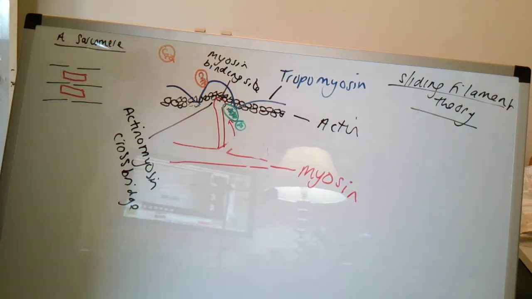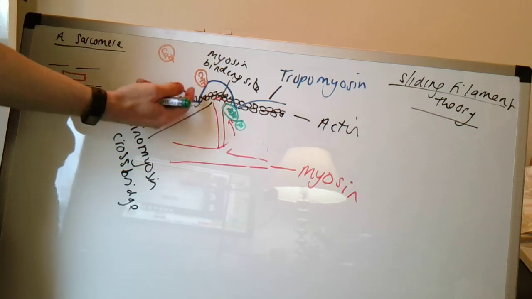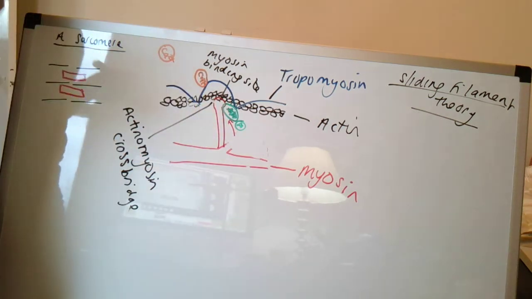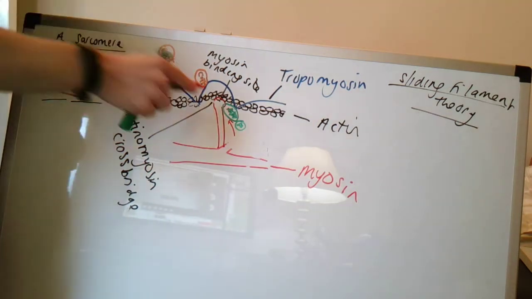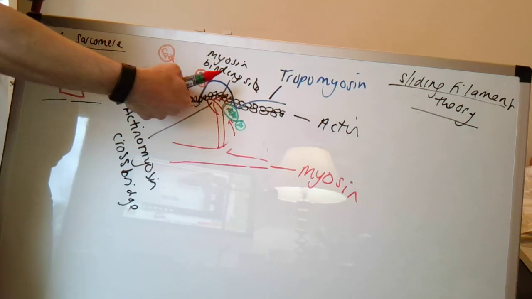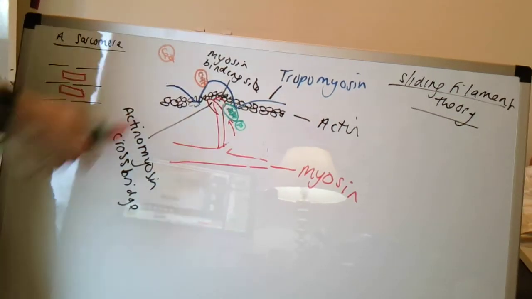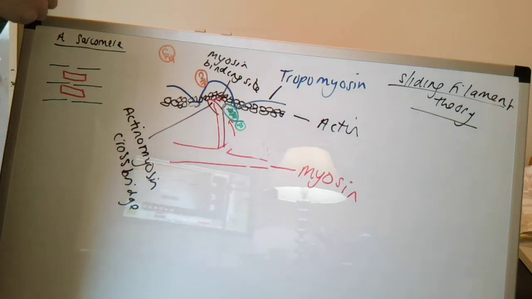What then happens now is the myosin head physically bends, and that is called the power stroke. So the myosin head now will bend, like on the actin, and when it bends, it physically moves the actin along. It slides the actin filament along, hence why it's called the sliding filament theory.